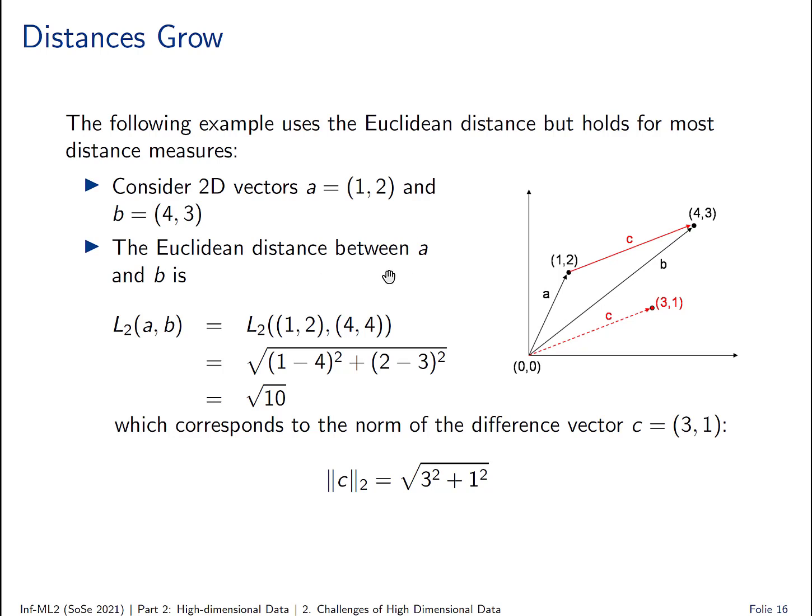The Euclidean distance between A and B is in that case the square root of 10 if you just compute it: (1 minus 4) squared plus (2 minus 3) squared, sorry, it's (4, 3) here, and so on. Which corresponds to the norm of this difference vector, which is (3, 1) in that case. Very good.